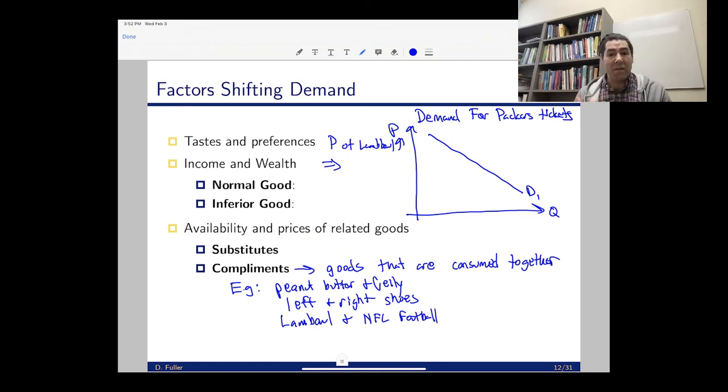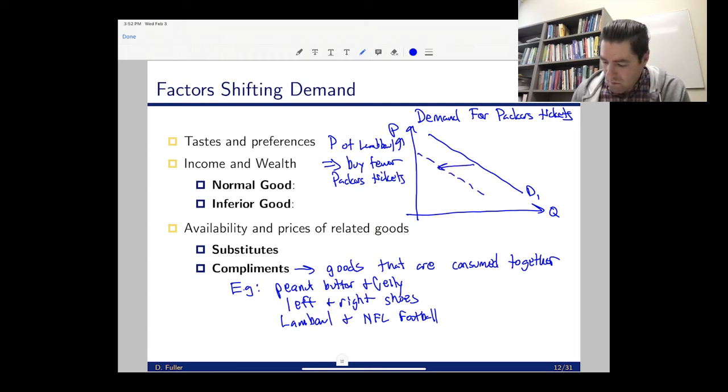So I like to consume them together. If one gets more expensive, I buy less of that and I buy less of the other thing. So demand is going to decrease. If the Lamb Bowl gets cheaper, if concessions get cheaper, I'm going to buy more Packers tickets. So if the price of the Lamb Bowl goes down, demand goes up for Packers tickets.